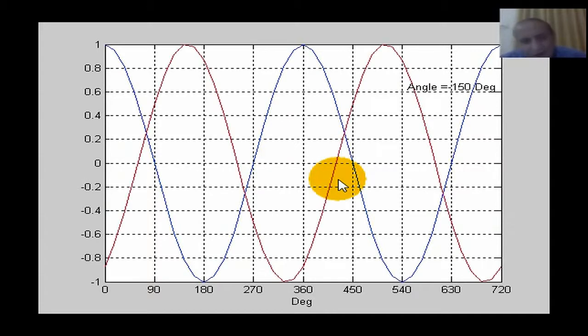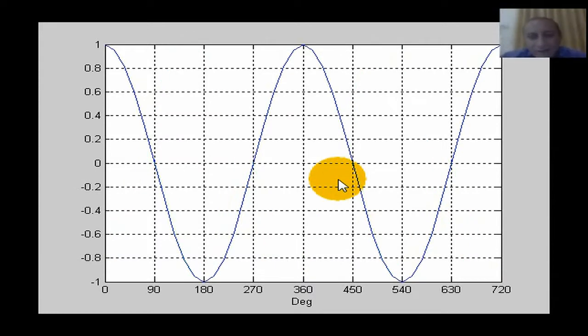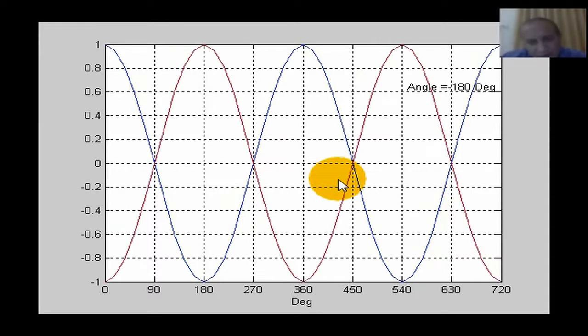So now we are talking about a generator, and in this case an inductive machine. So again we move to 150 and 180, and then finally to 180 degrees. This is 150. For the case of 180 degrees, negative is equivalent to 180 degrees positive, like a total generator, in this case.